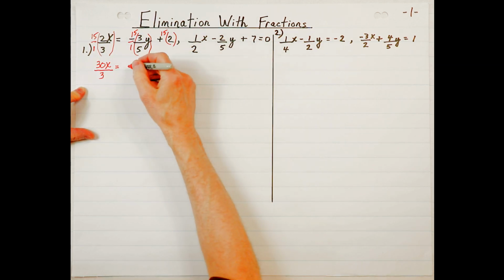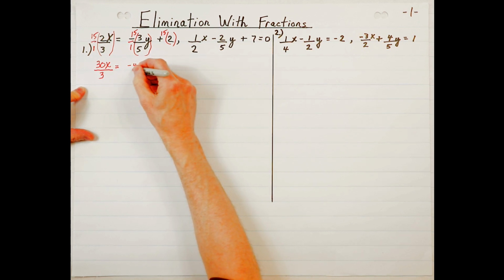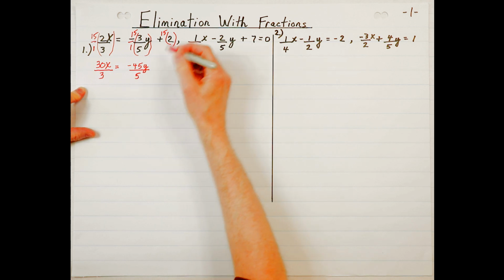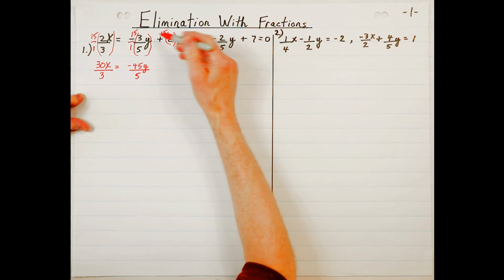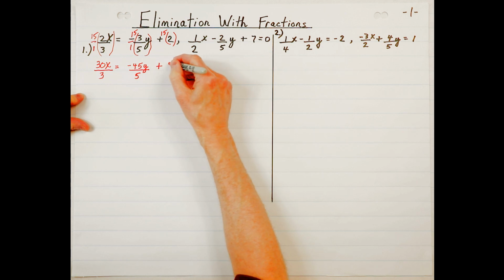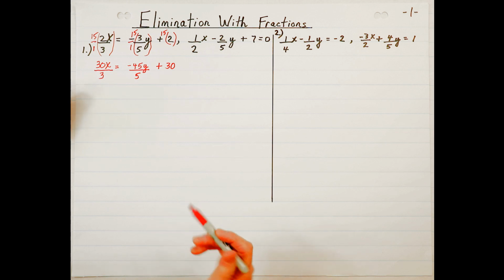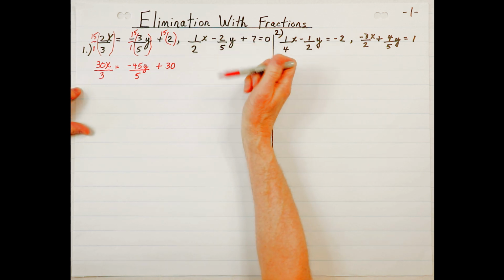Negative 15 times 3 is negative 45y. And for the denominator, 1 times 5 is 5. Now for this part, there's no fraction, so you just multiply by the LCD. So it's 15 times 2. And remember when we were doing it the other day, every part of the equation gets multiplied by the LCD. It's not just the fractions.